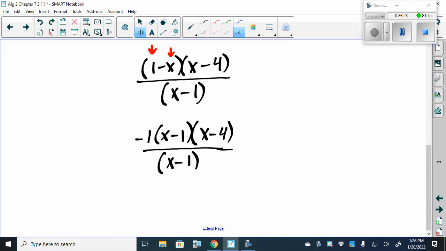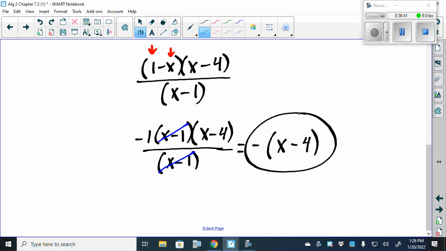Well, now we can cancel those out. And it's actually just going to leave us with a negative x minus 4. And that's it for that one there. Any questions on any of this here?